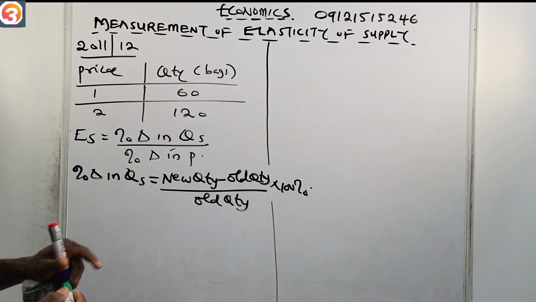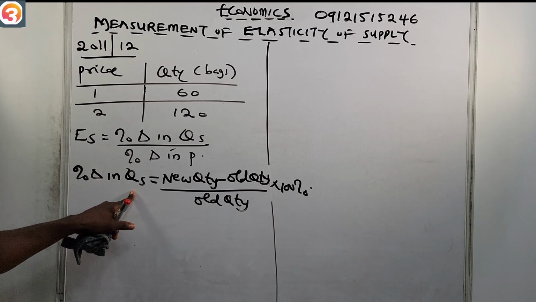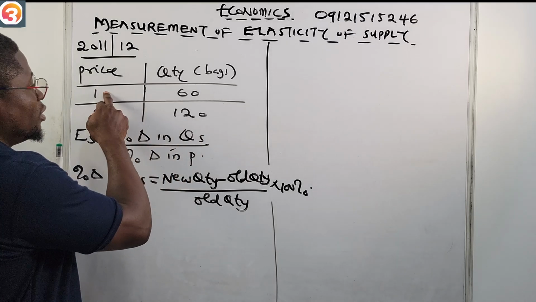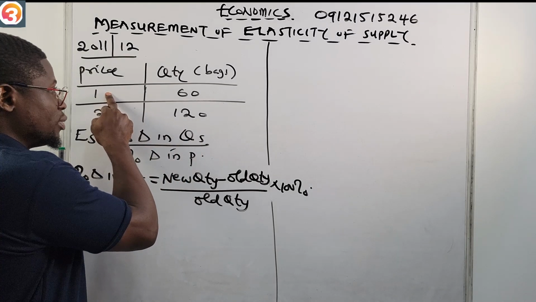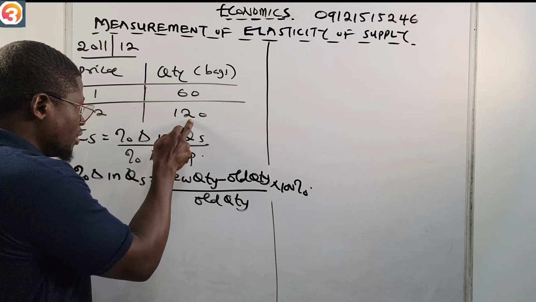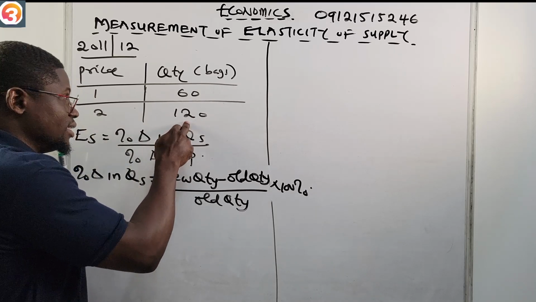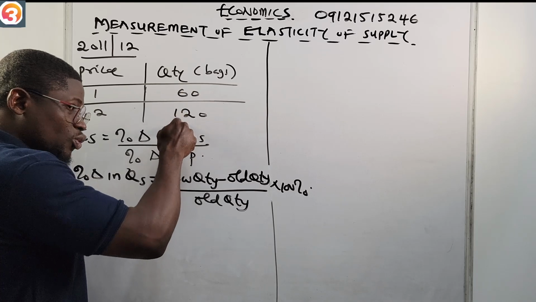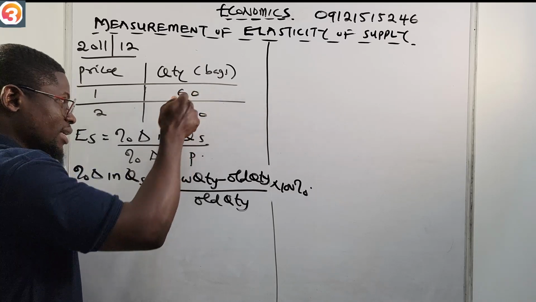So now let's calculate the percentage change in quantity supplied. When price was 1 naira, quantity supply was 60, the old quantity. When price was 2 naira, quantity supply was 120, the new quantity. This one is the initial, this one is the final.